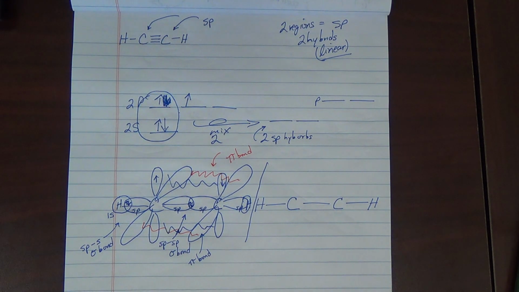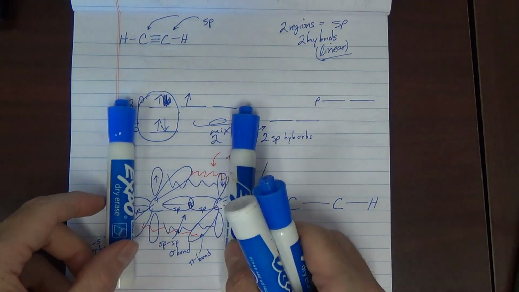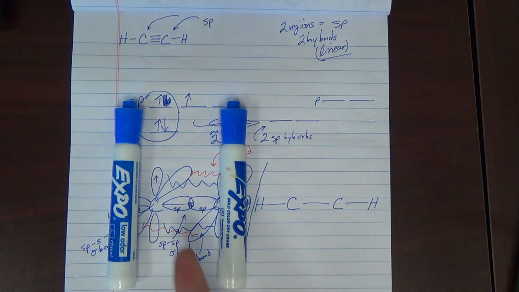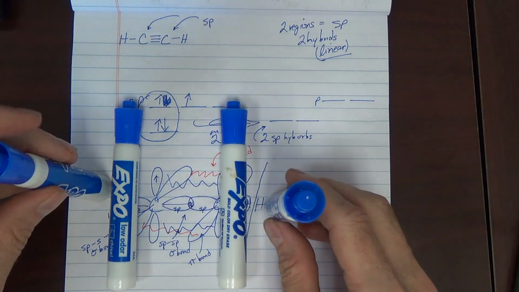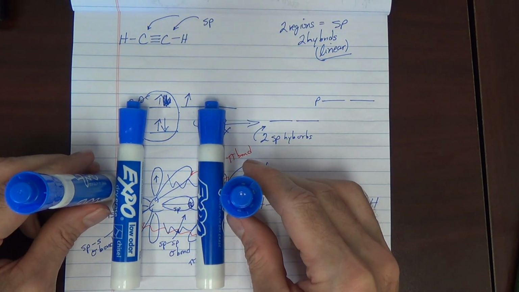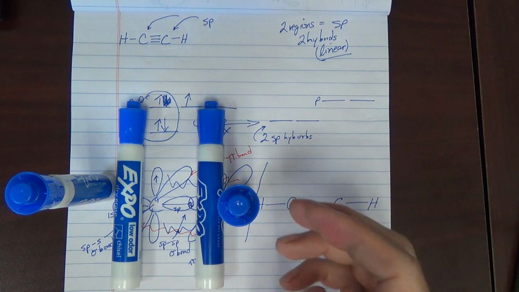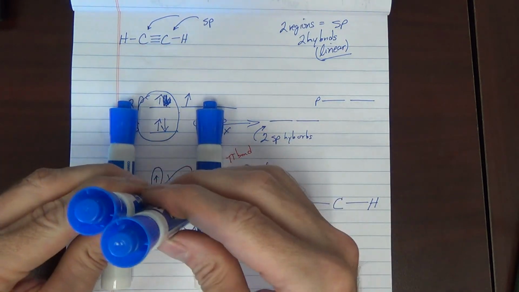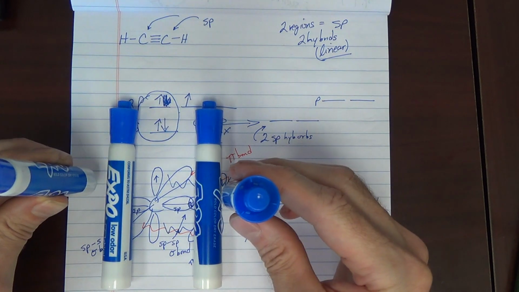You got two p orbitals flat, those are interacting side to side, but then you also have two p orbitals on each carbon like this, perpendicular, and those are interacting side to side as well. So you got a 3D going on here.